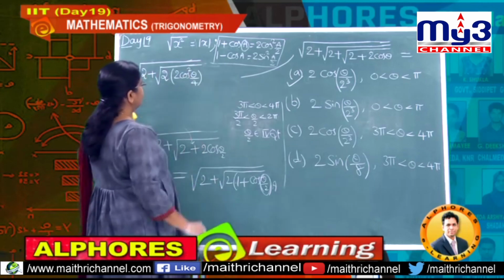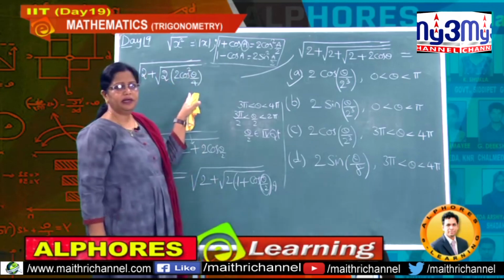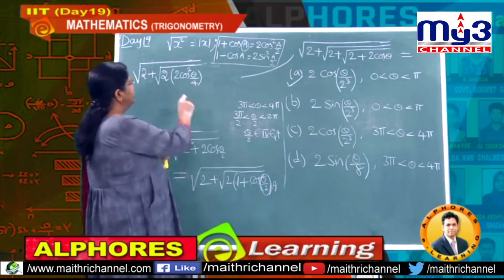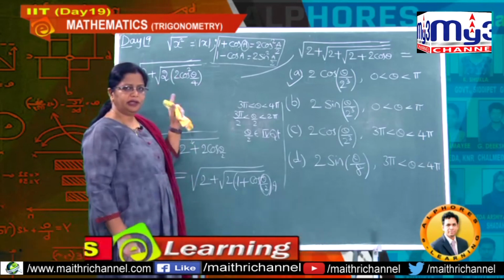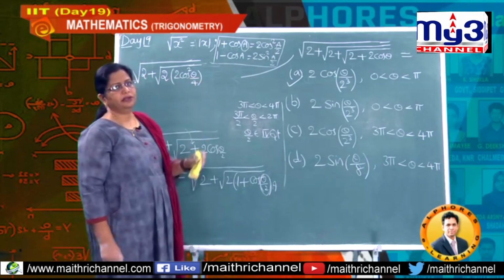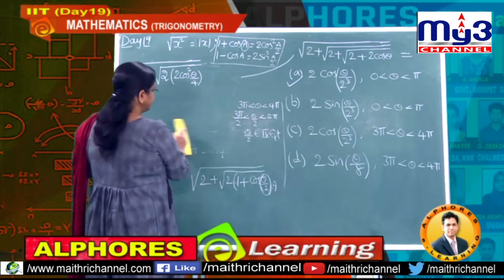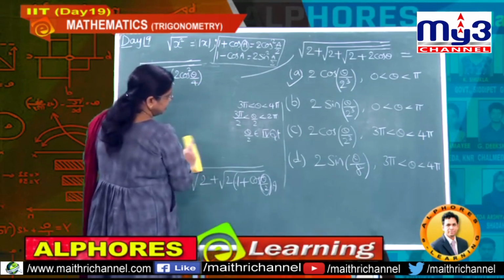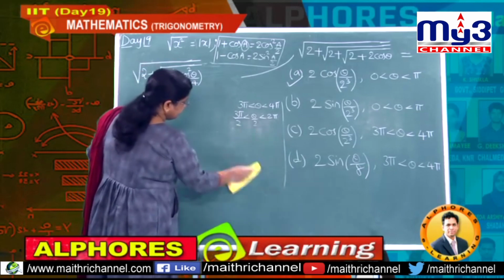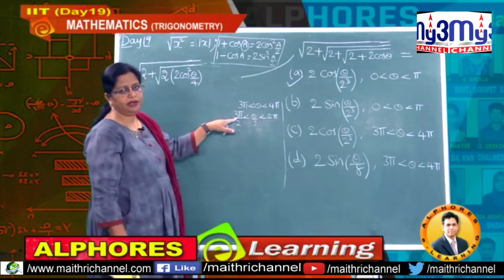Got it students now? Now again you got here root of cos square theta by 4, okay. The 4 anyhow, no error, we can take it outside, but what about cos square theta by 4? Students, here again you should be so cautious. At present we are left with theta by 2 in the fourth quadrant, right.